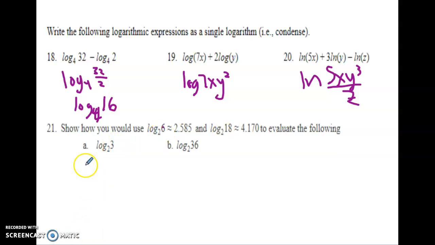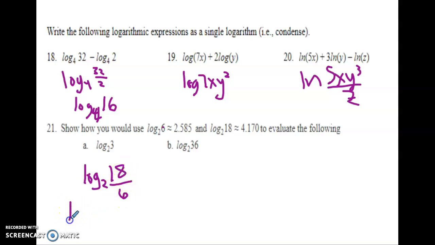And that would be 18 divided by 6. So we could write log base 2 of 18 divided by the 6. So that's where the 3 could come from.